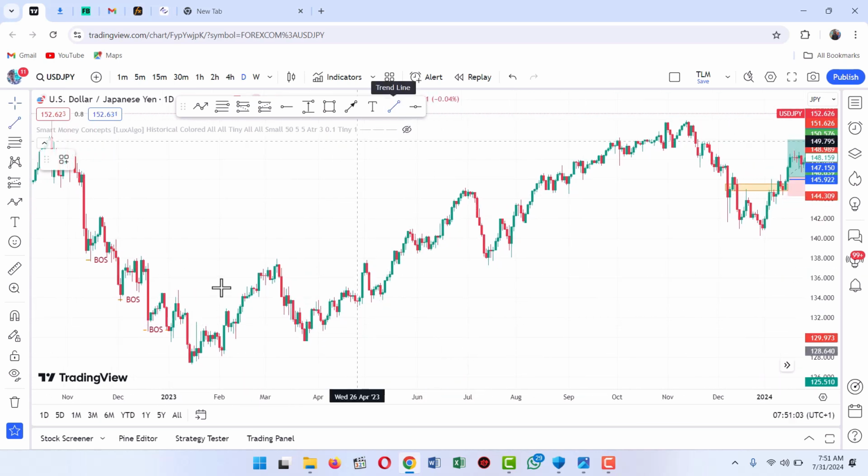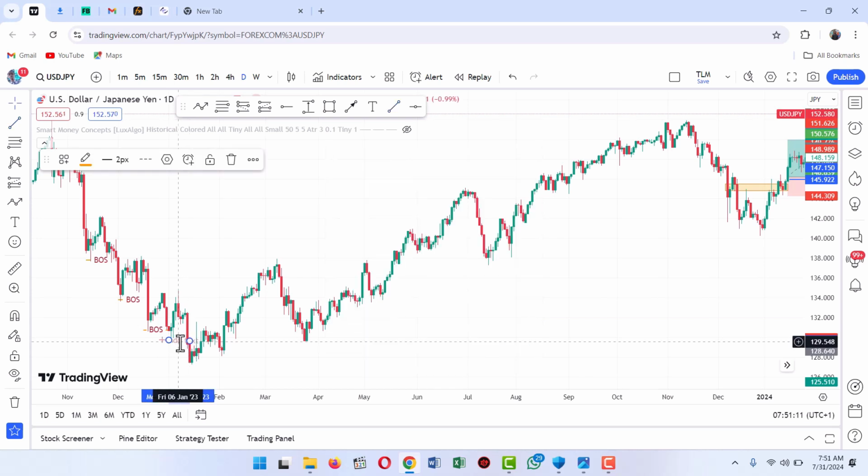There's also a break of structure. You can clearly see at this point here we had a change of character.